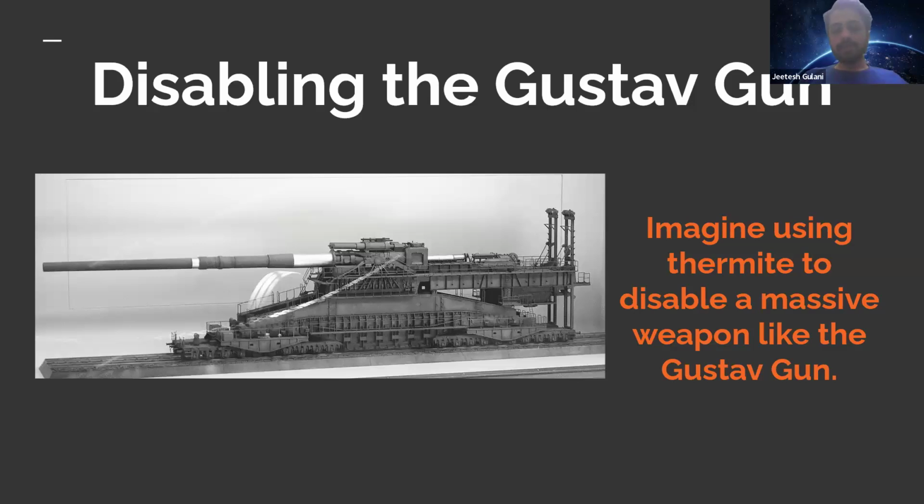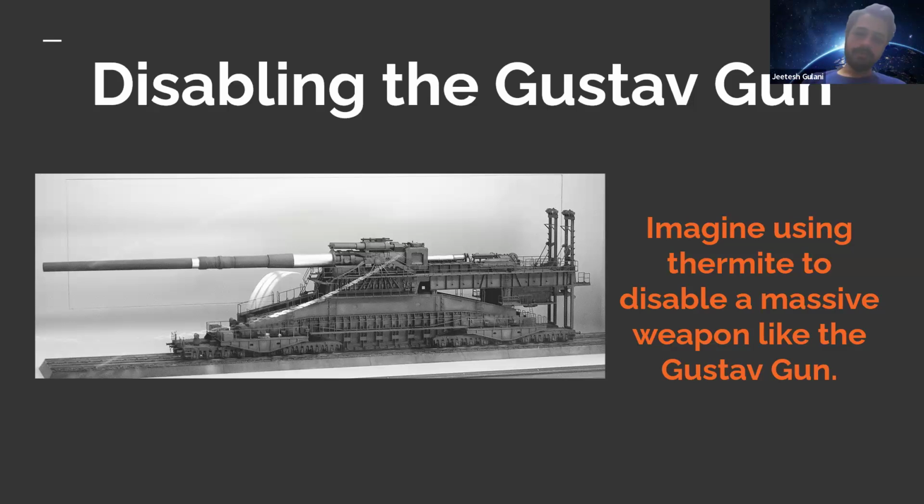The Gustav Gun was one of those feats of German engineering which were not commonly available. It was one of two guns available in the world. The size of this gun was so large, just to give you an estimate, that it required about 2,000 people to operate and move it.